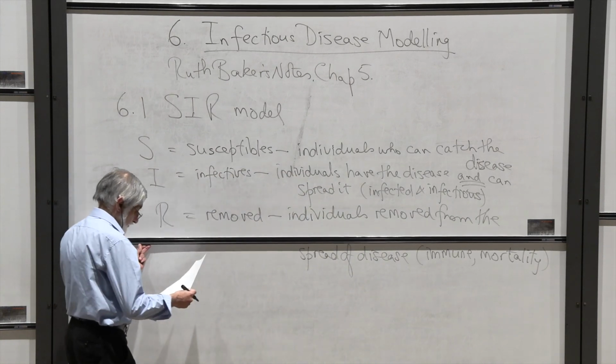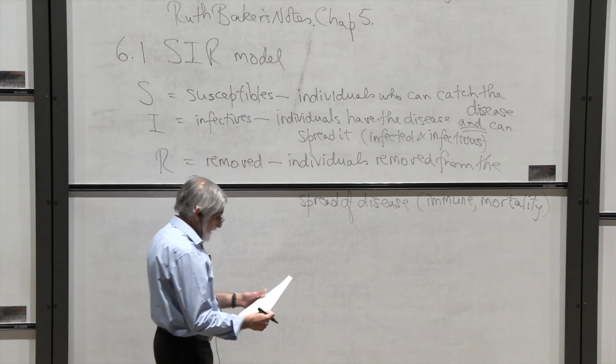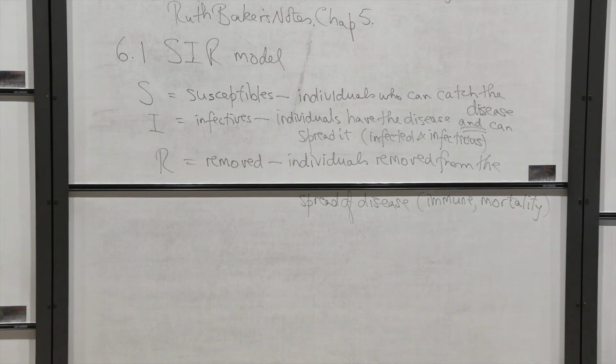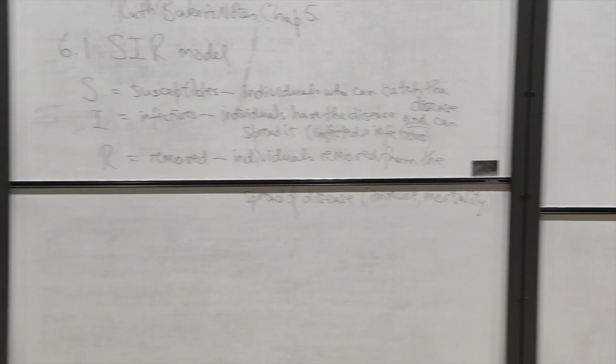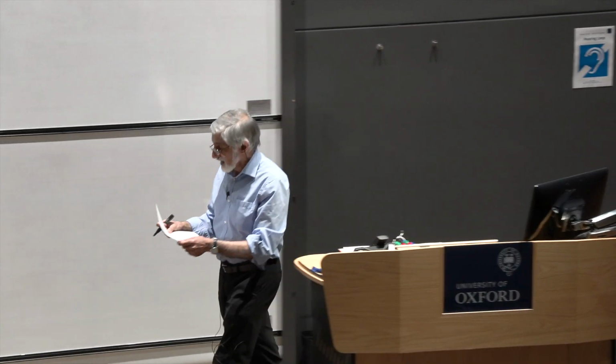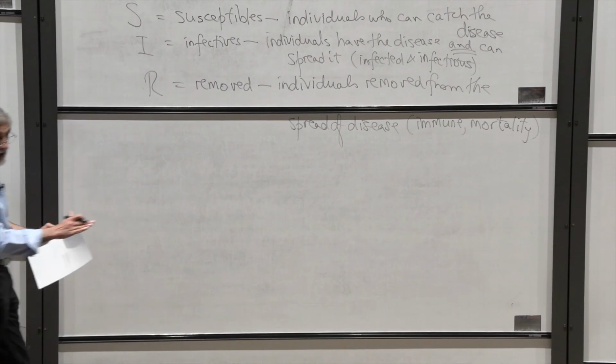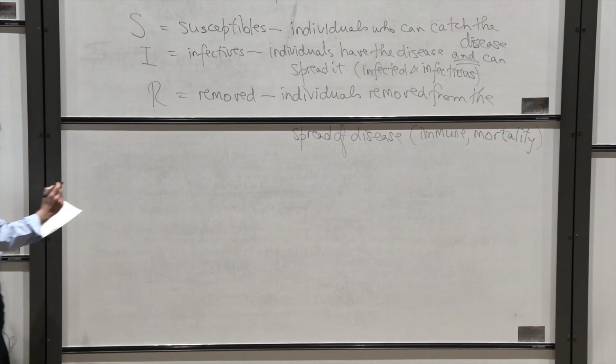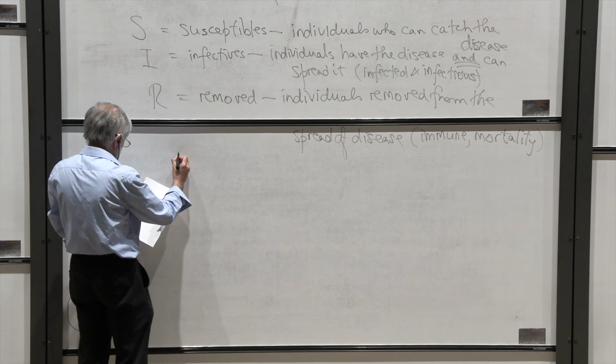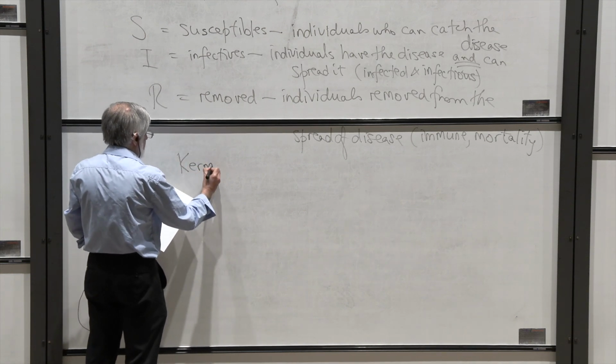Okay? And so the classical model of this, again, making all the assumptions, time is continuous, there's no immigration, no emigration, and this is the Kermack McKendrick model.